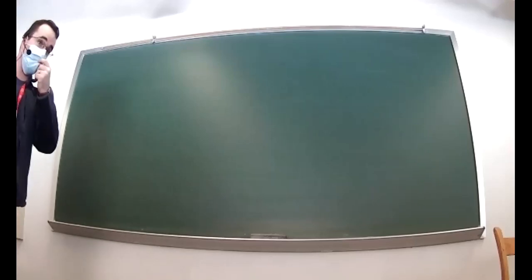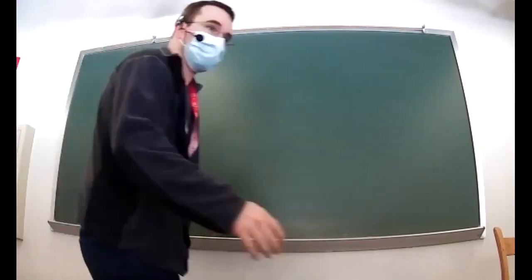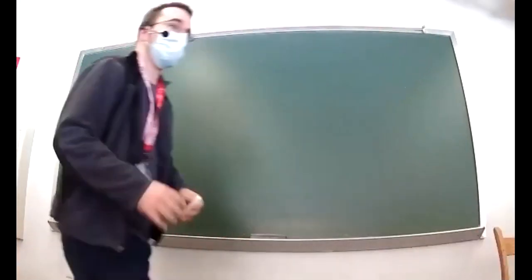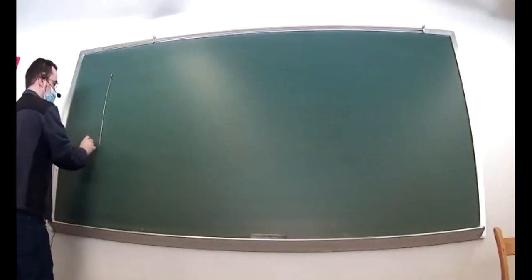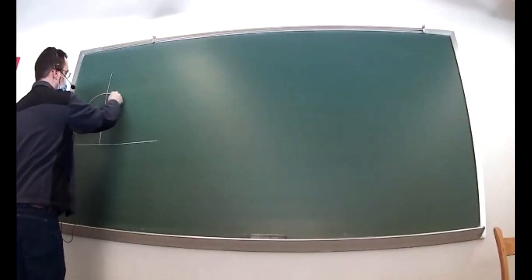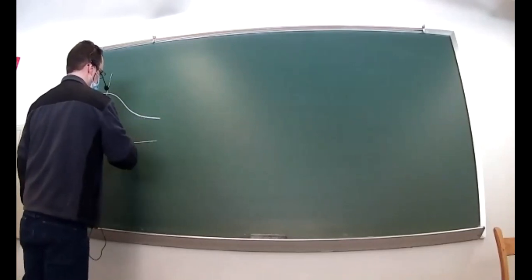So we've been talking about limits in the past. We've been talking about what's the limit of a function. We've been talking about left-hand limits and right-hand limits. So I'll draw you a schematic picture of a function.